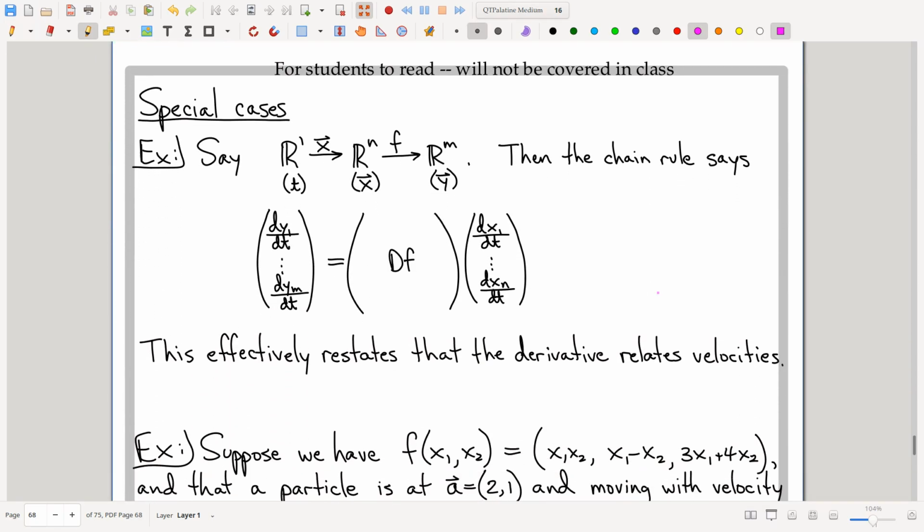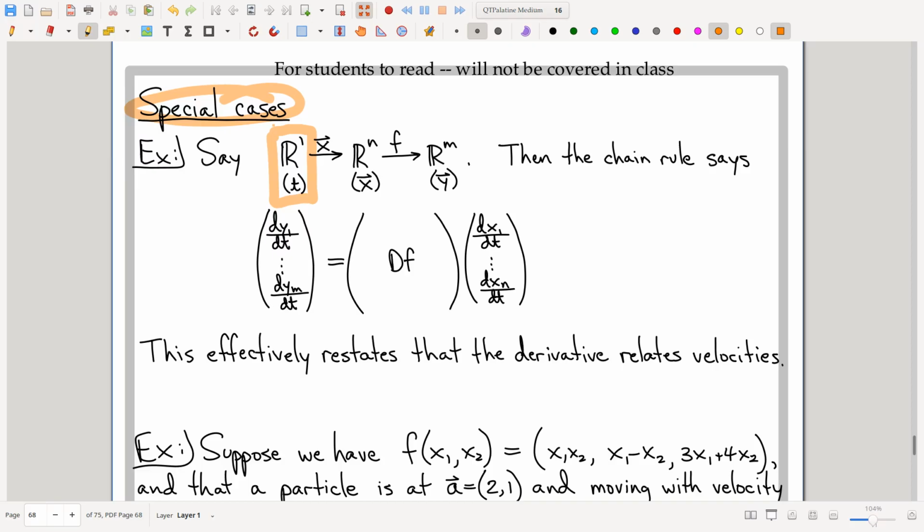A couple of special cases. I'm going to be really quick. They are pretty straightforward, but I like to hit the highlights on these things. First special case: what happens when you have only one variable as the original input variable? Sort of a one-dimensional original domain. There's a couple of consequences to this.